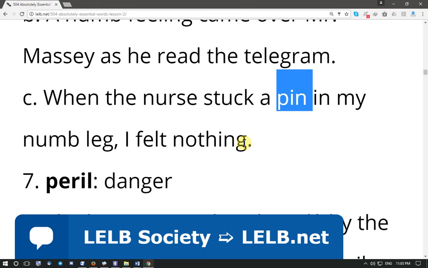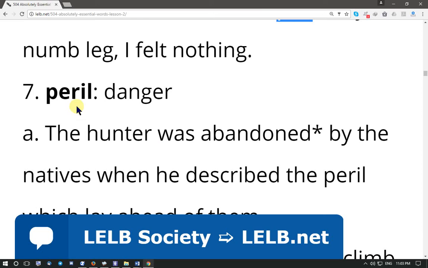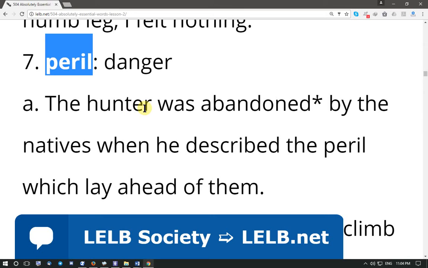Okay. Peril. Peril means danger. Jeopardy, another synonym for that. Sentence 1 or A. The hunter was abandoned by the natives when he described the peril which lay ahead of them.